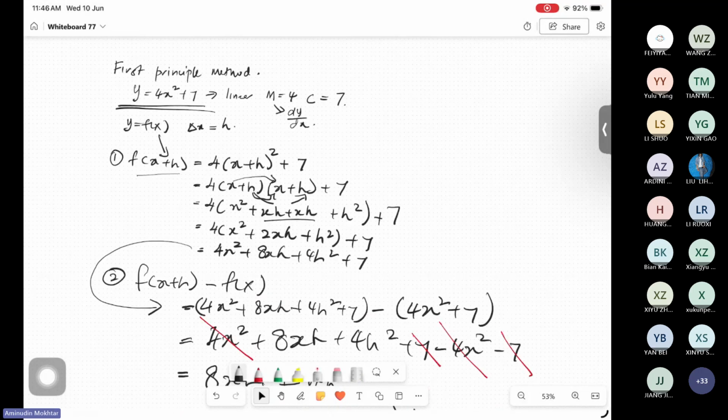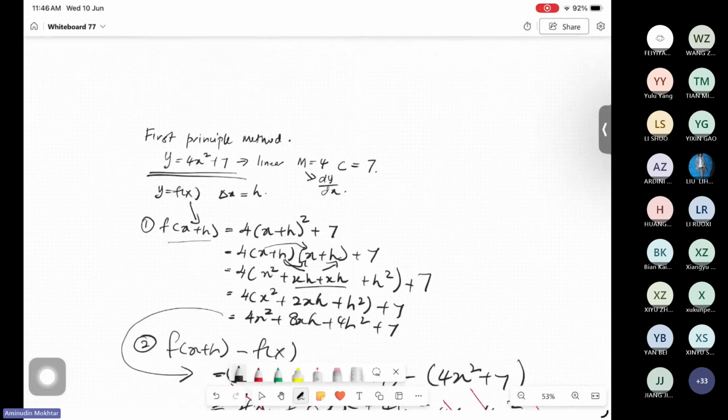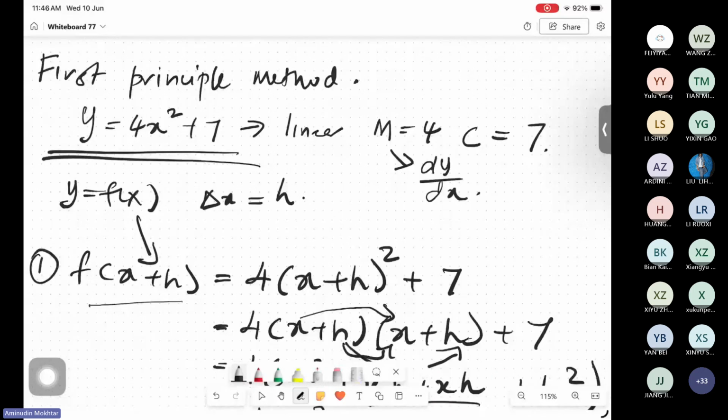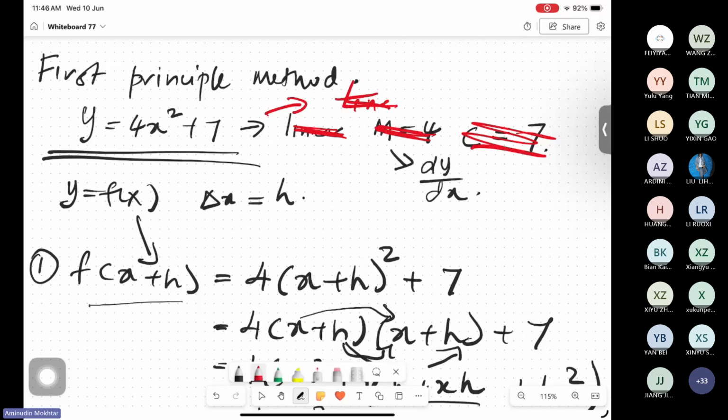Sorry, based on this equation, there is a typing error. It's not linear. This is a quadratic, not linear. Again, I repeat. In the example, y equals 4x squared plus 7 is not a linear function, it is a quadratic equation.